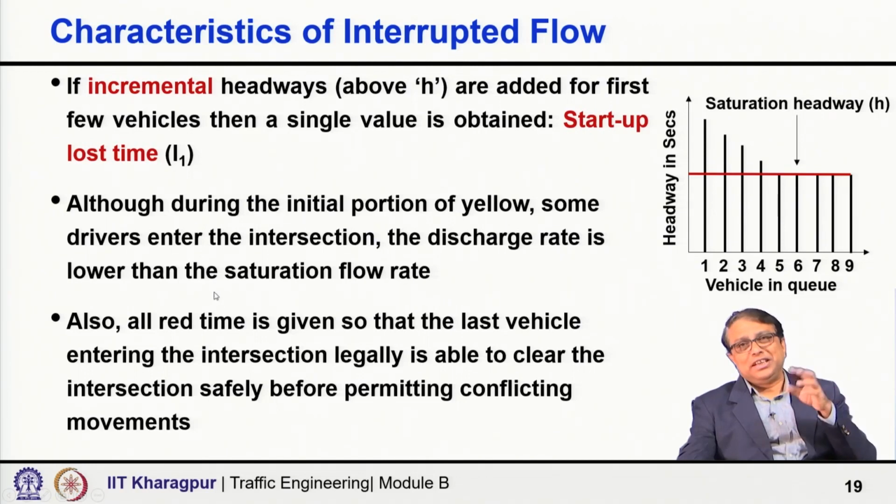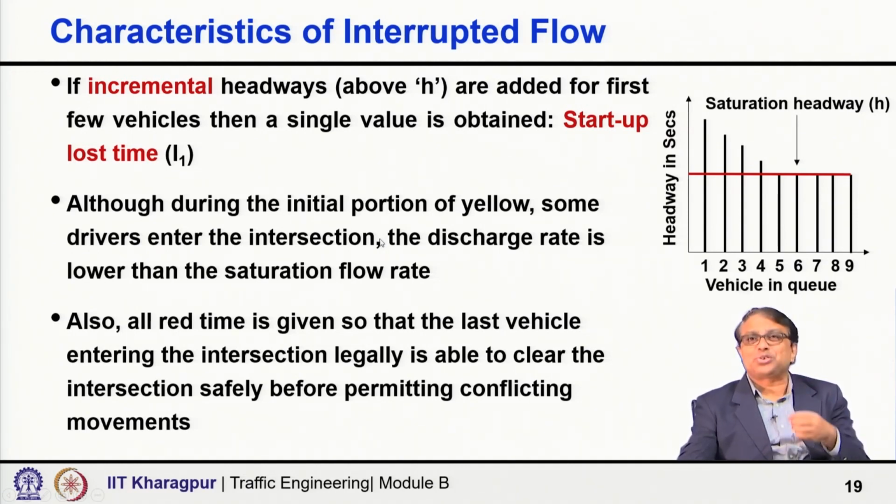Similarly, when the green is over, we give amber or yellow, then we give red. Now, during amber, some vehicles are discharged because those who cannot stop safely are permitted to cross the stop line and clear the intersection legally. That is what the amber is.